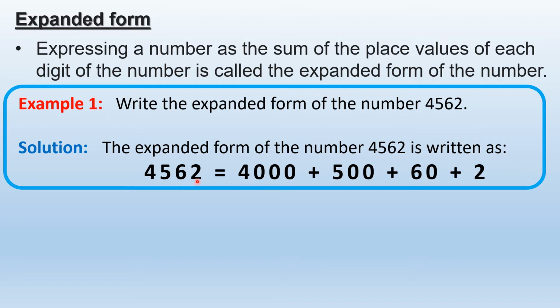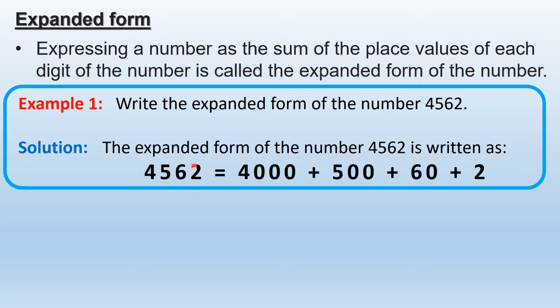Here in the given number there are 4 digits and we are familiar with the place names of a 4-digit number that we discussed in the beginning of this session.